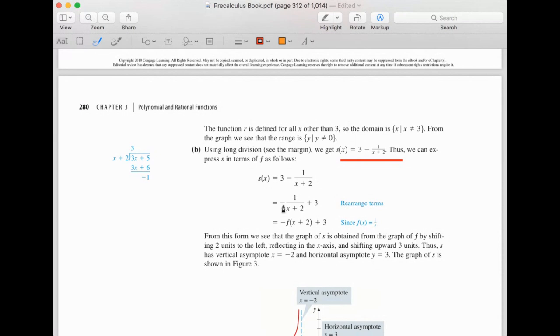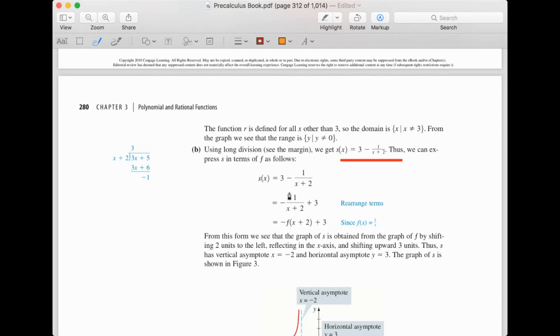And we can rewrite it, switch the order. We can write as negative 1 over x plus 2 plus 3. And then negative 1 over x plus 2, we can write as negative f of x plus 2, because again, f is defined as 1 over the input.